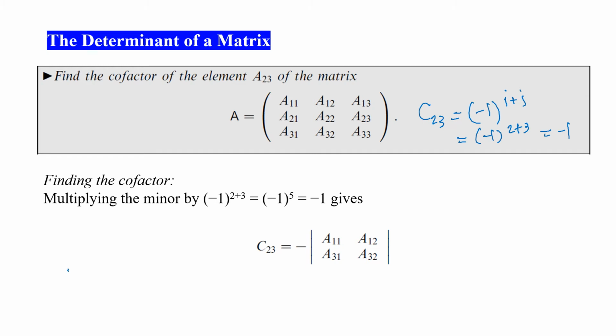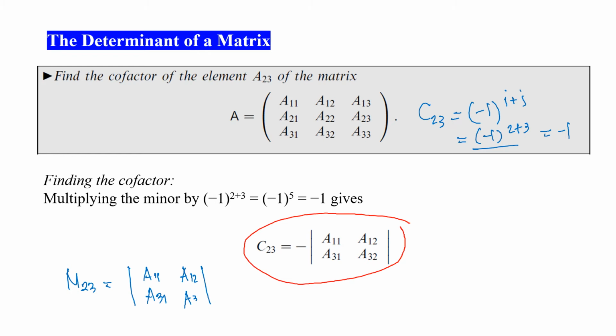Earlier you have your minor M23, which is equal to the determinant of A11, A31, A12, and A32. Multiplying the minor by this value, negative 1, we get your cofactor C23, which is equal to the negative of the determinant of your minor M23.